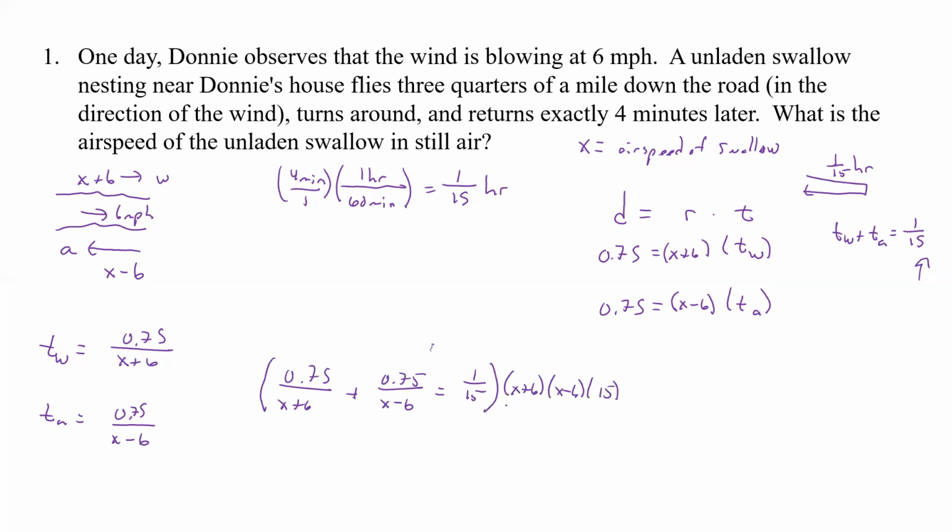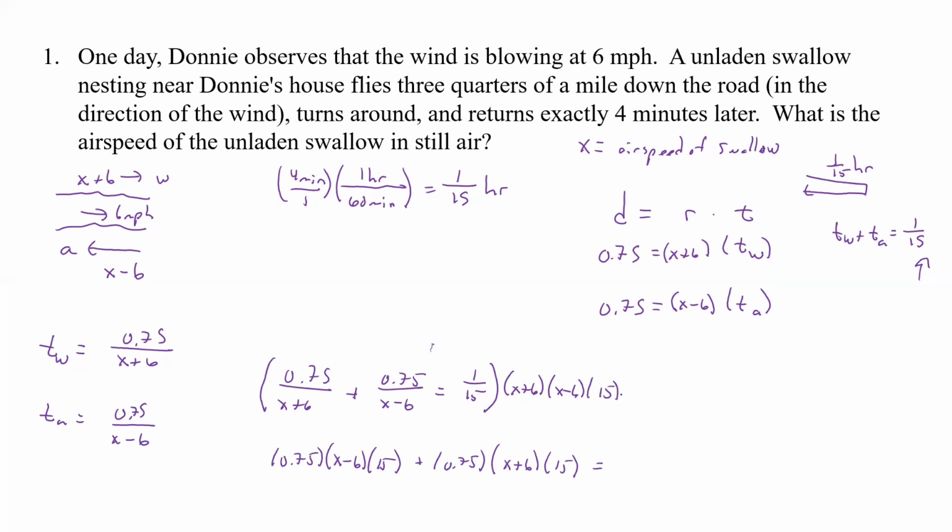When I multiply this one times that, the x plus 6's cancel, and I get 0.75 times x minus 6 times 15. Now when I multiply here, I'll have plus 0.75 times x plus 6 times 15.